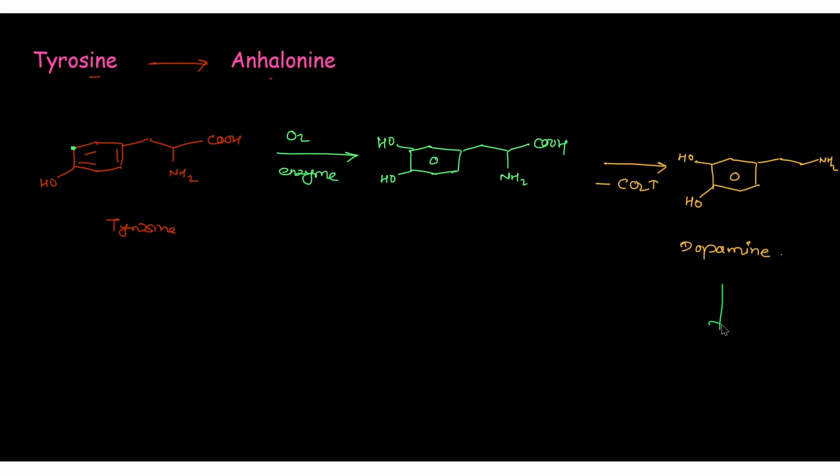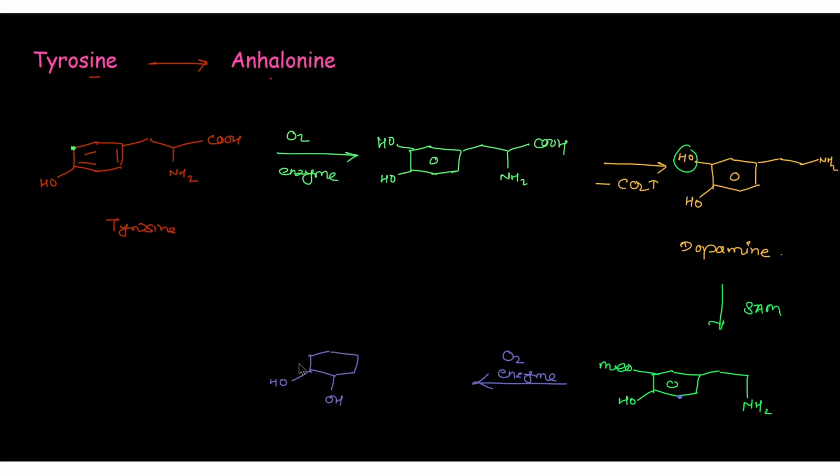In the next step, by using SAM, methylation takes place over here and we get this moiety. In the next step, by using O2 and enzyme, oxidation takes place here and we get this moiety.